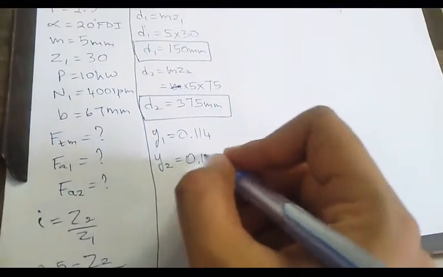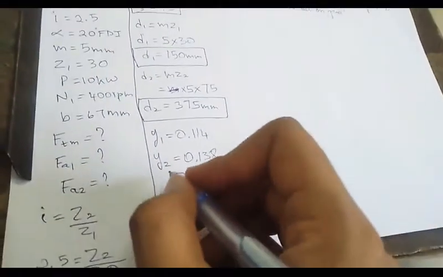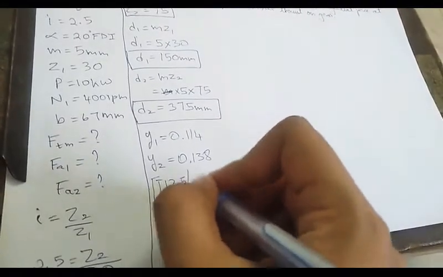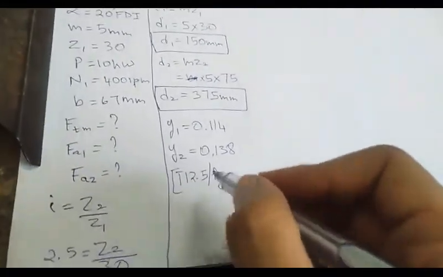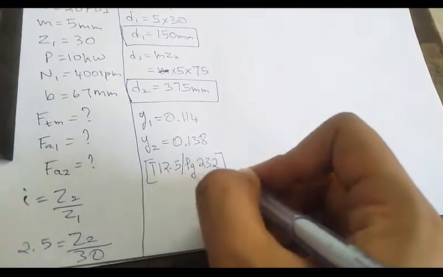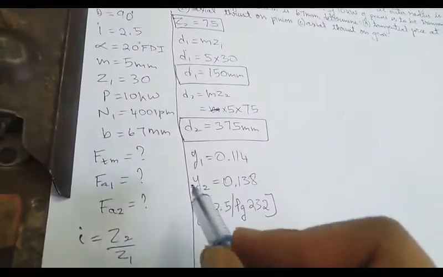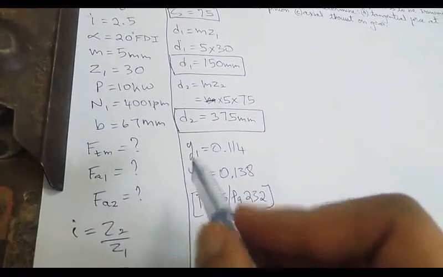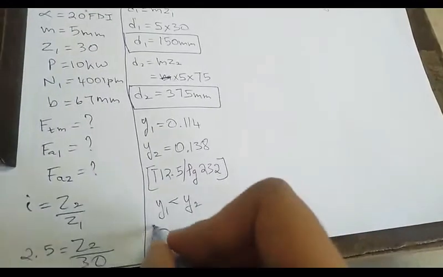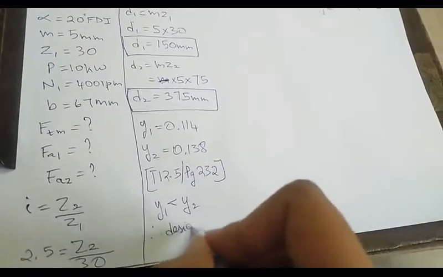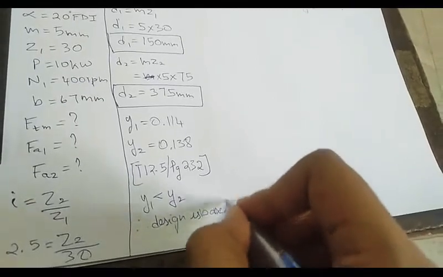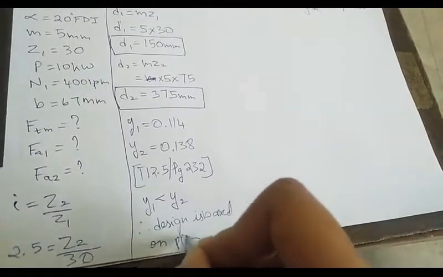This is from table 12.5, page number 232. On comparing y1 and y2, it is clear that y1 is less than y2. Therefore, design is based on pinion.